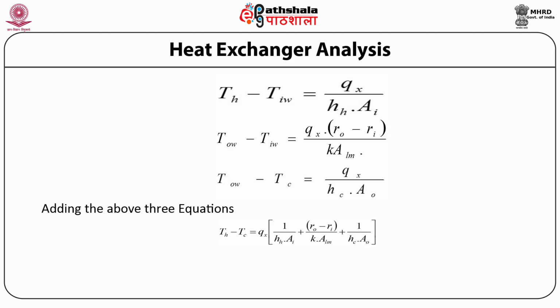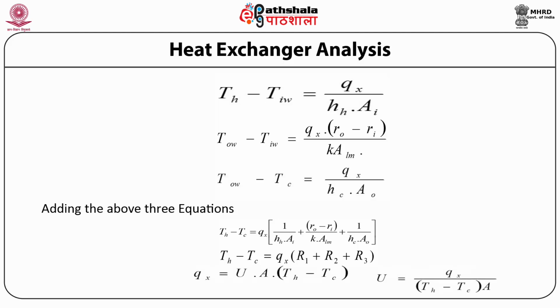Resistance 1, that is R1, is 1 by HH into AI. Resistance 2, that is R2, is (R0 minus Ri) divided by K into ALM. Resistance 3, that is R3, is 1 divided by HC into A0. So, TH minus TC can be represented as Qx into (R1 plus R2 plus R3).